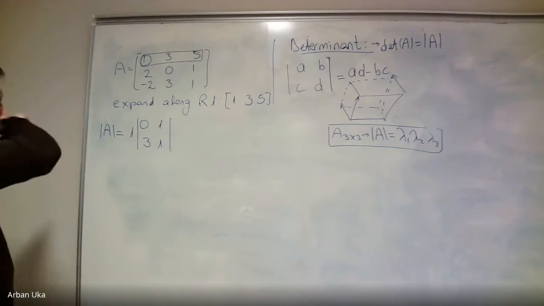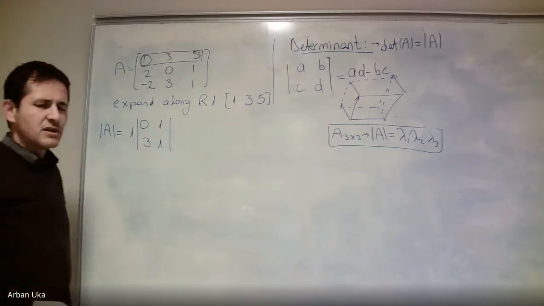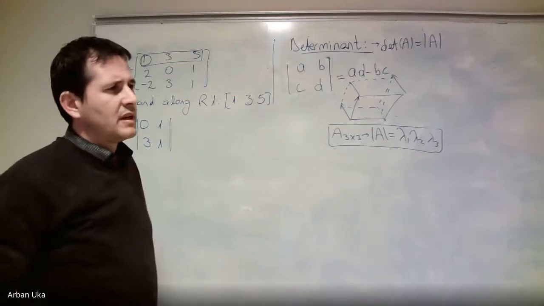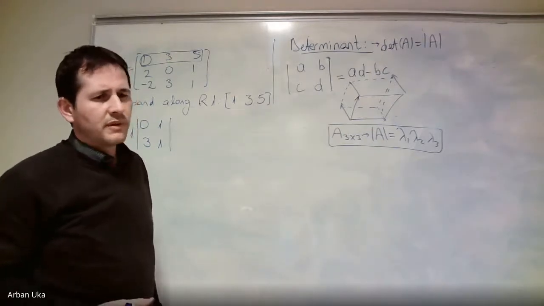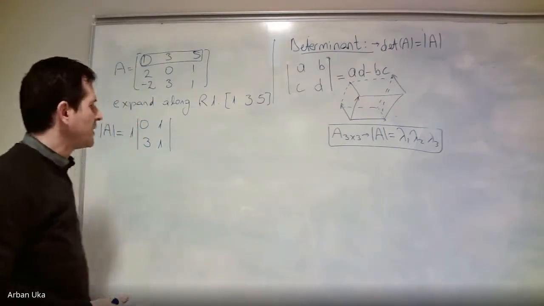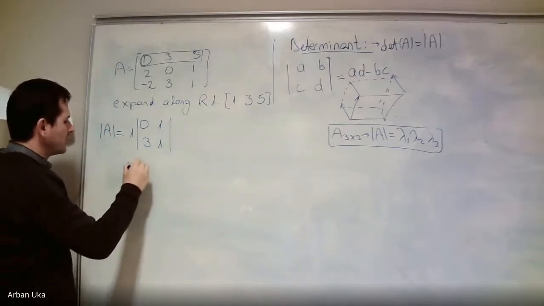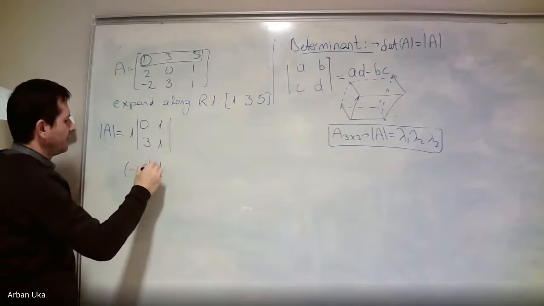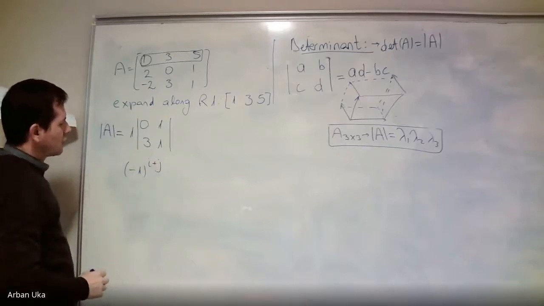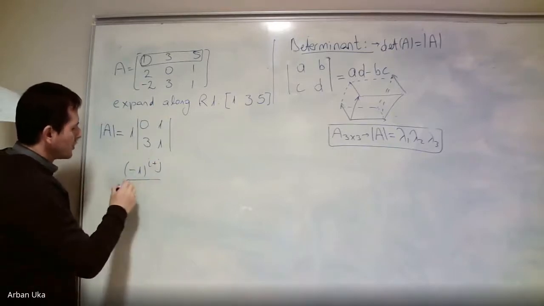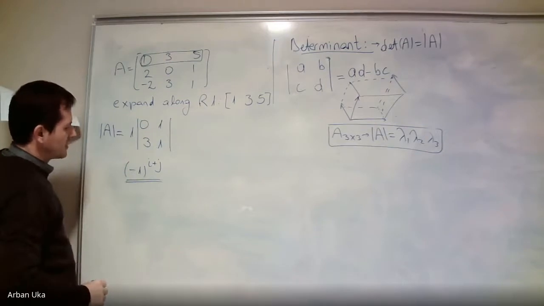But there is also a useful tool that we use when we use the matrices, which is this factor. We have this factor which is minus 1 to the power i plus j. Okay, so we are going to see this one very often when we deal with matrices.